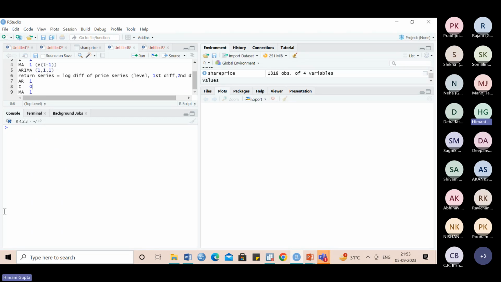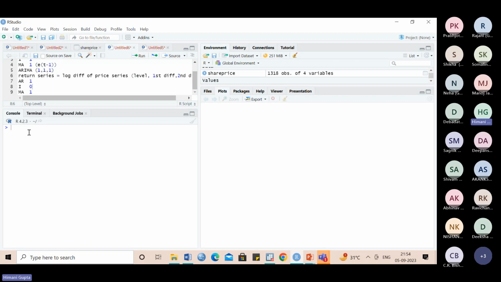If it is stationary at 1 only, why am I writing 2? You can write 2, but check it before, and show it in the paper that it is integrated at 2. That's why I have written 2. Got it? Can we move further?